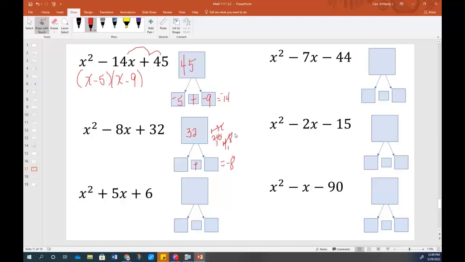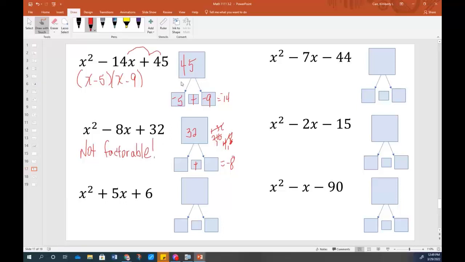No. 5 doesn't go. 6 doesn't go. 7 doesn't go. 8. Oh, well, I've already met myself then. 4 and 8 didn't work, but I've already worked my way up to 8. This one is not factorable. So that's how you would know that we would need to go use the quadratic formula.